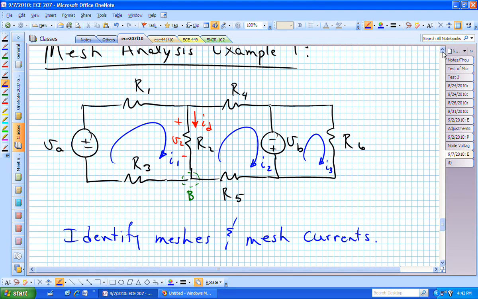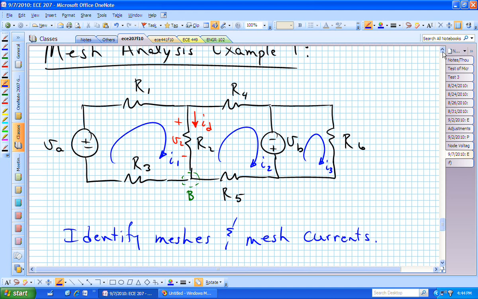Going in the vertical R sub 2, there's several different currents that we've associated. I1 is going through there, I2 is going through there, and I sub d is going through there, as we've defined all of those currents. The only current, though, going through R sub 5 is I sub 2, as we've defined it.